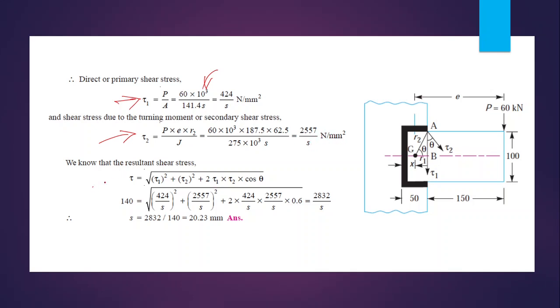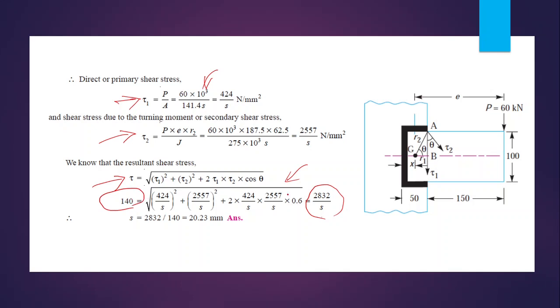Then for the resultant, by using the same procedure as in the first question, tau is equal to root of tau 1 square plus tau 2 square plus 2 tau 1 tau 2 cos theta. By substituting all the values in this equation, we can find out that tau is 2832 divided by S. This is the resultant shear stress, and that must be equal to the maximum permissible shear stress, 140 megapascal.